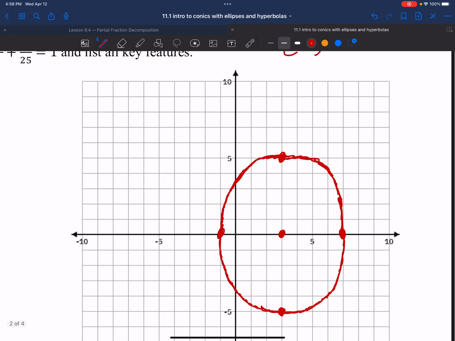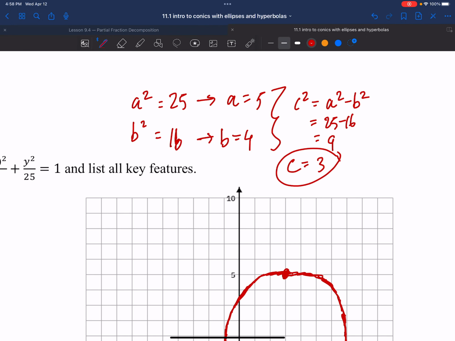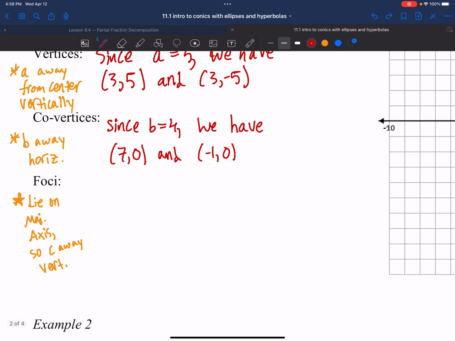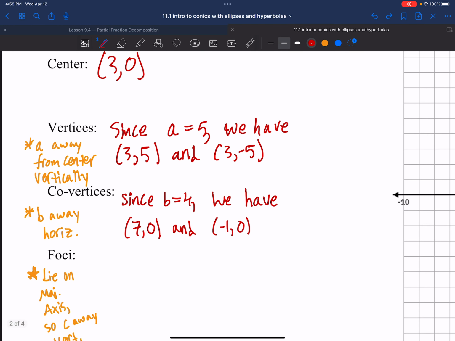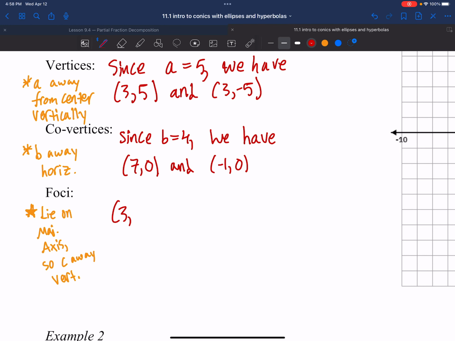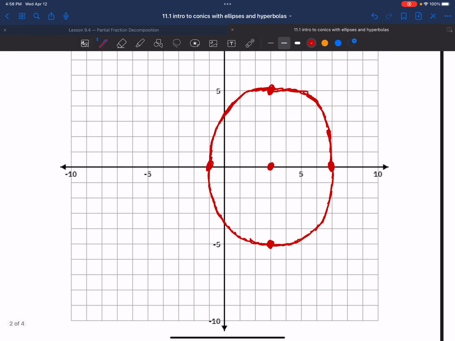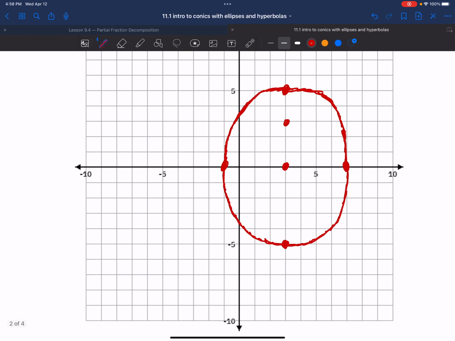And that C away, that was 3. C equals 3. So we're going to say 3 up from the center and 3 down: 3 comma 3 and 3 comma negative 3.